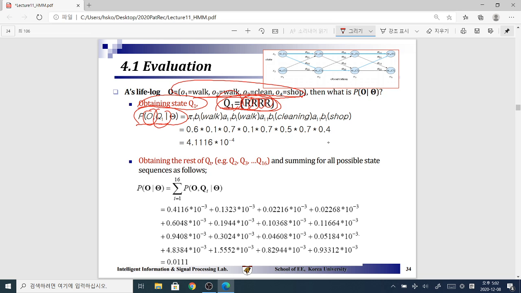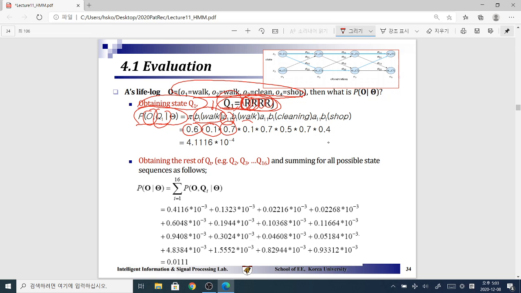So here, the first is rainy. We said the initial probability of a rainy day is 60%, or 0.6. Under rainy, the probability of walk is 0.1. Then rain to rain, the transition probability is 0.7.